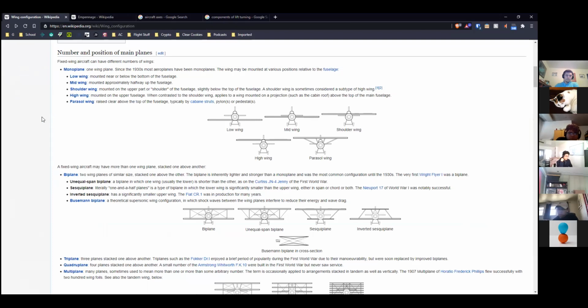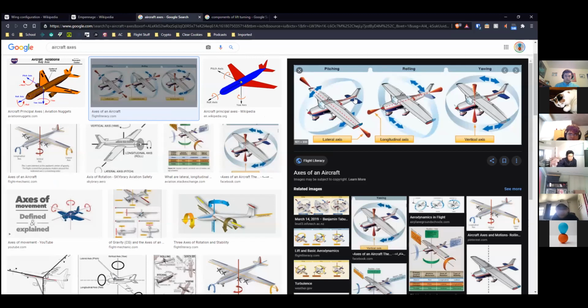We're going to talk mostly, I'll talk about this a little, but you also have classes on this here in airside. The elevator, the one that looks like a tiny wing on the back that controls your pitch, is the most important for controllability, from a high level, because it's the hardest to design well.